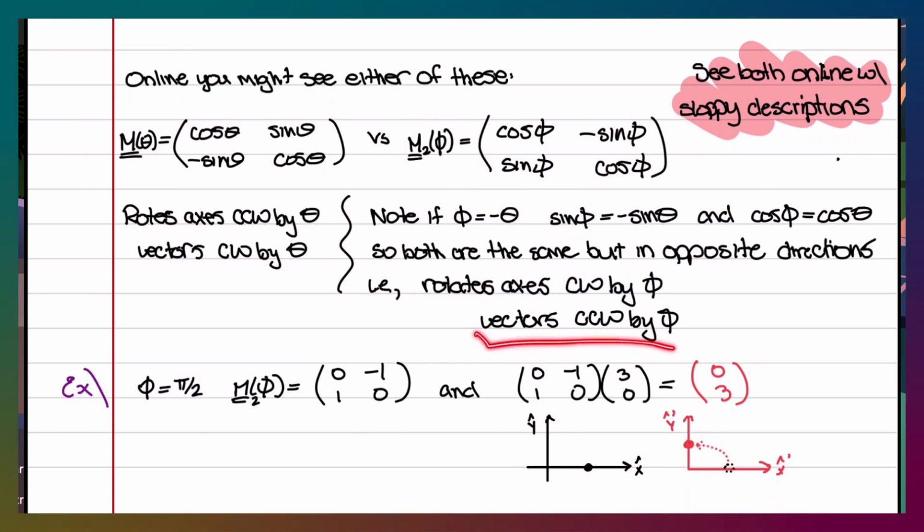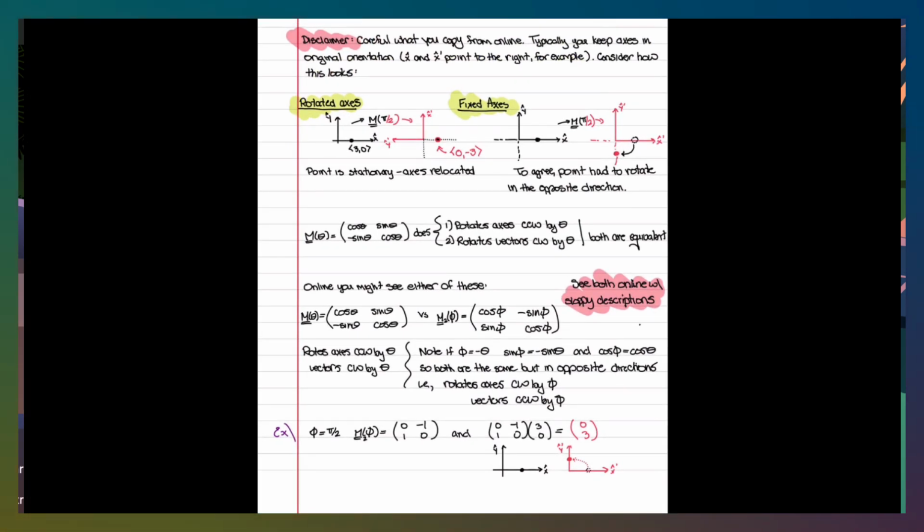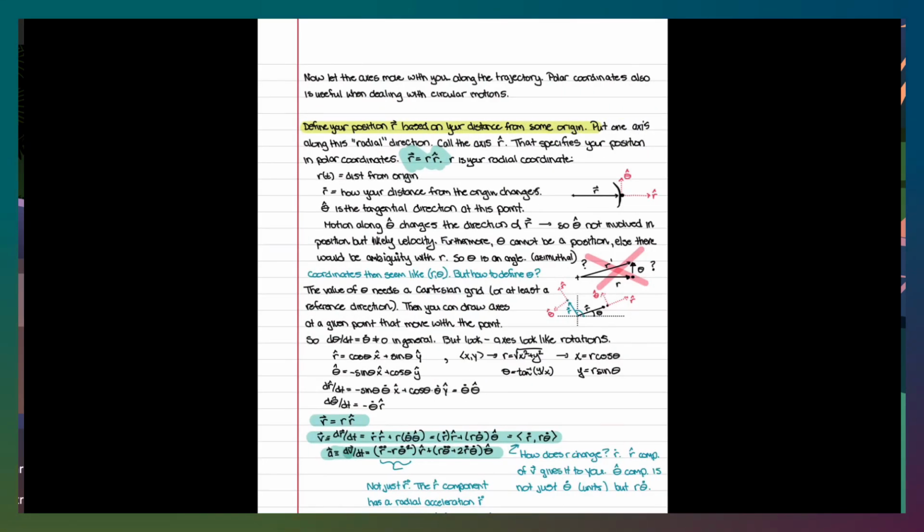So vectors rotating counterclockwise, which is the opposite of what this one did, because the minus sign's in a different spot. And again, online descriptions will just say, like, this is a clockwise rotation. It won't say if it's axes, it won't say if it's the vectors. So make sure you use some thought before you start just using stuff you find online.